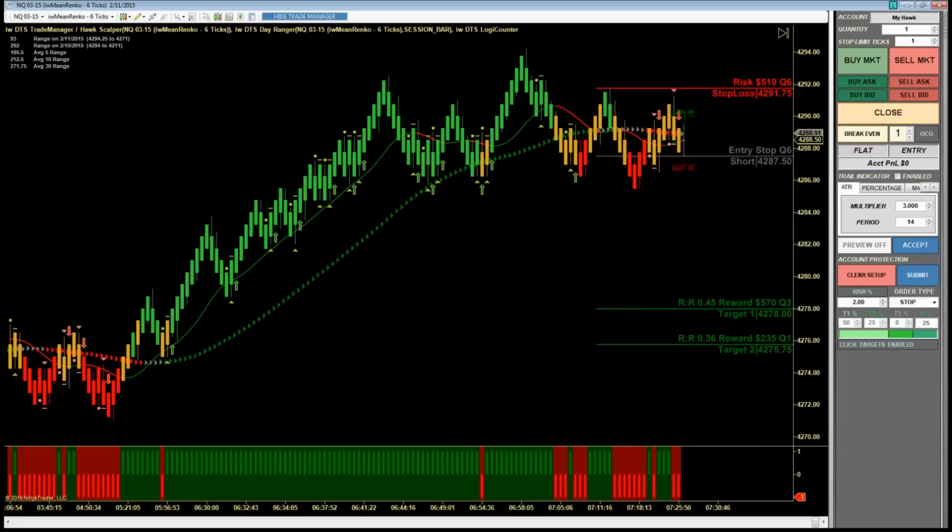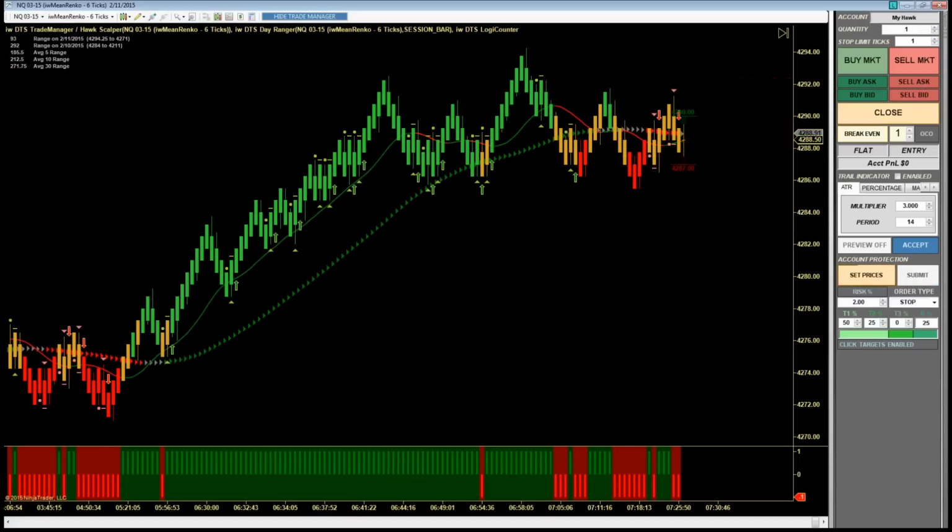So yes, you can preset your profit objectives, or you can also do it manually. So I changed this to click targets enabled, in which case I can just choose my target wherever I want. And it will still manage the trade as I've predetermined.